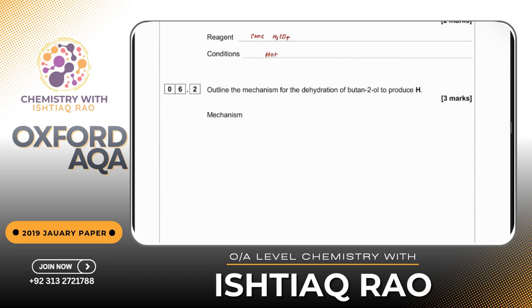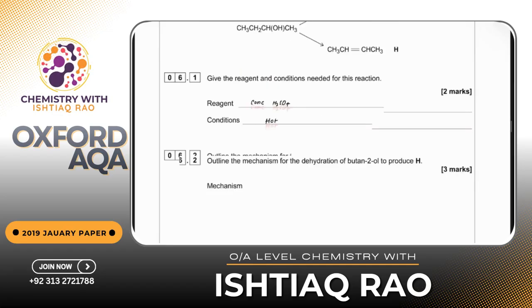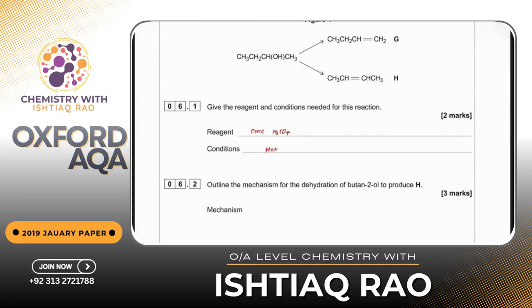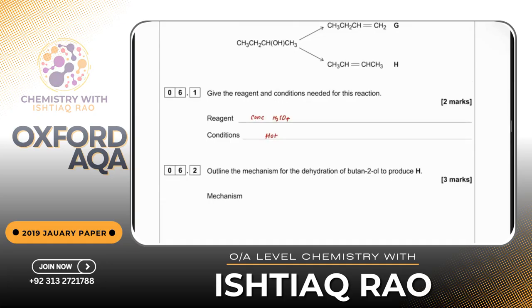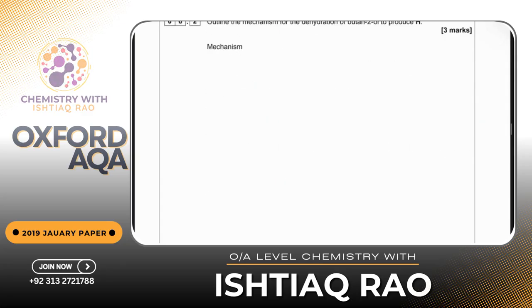Outline the mechanism for the dehydration of butan-2-ol to produce H. H is alkene, it's butene, from a secondary alcohol. Yeah, we have a secondary alcohol, that is this.